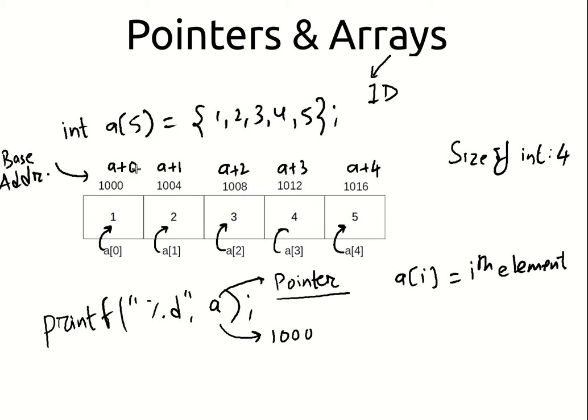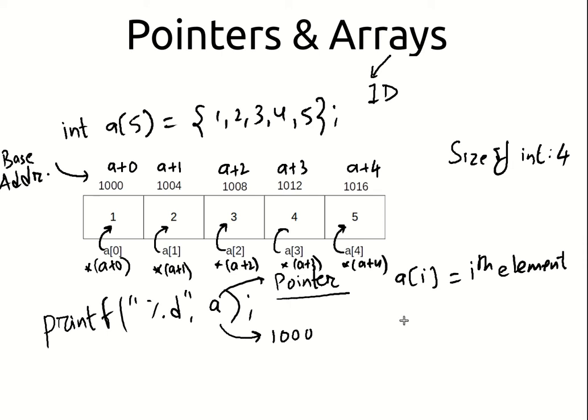Now A plus 0 will give me the address of the first element. To get the value, that is 1, using pointer notation I can write *(A+0), which is equivalent to A[0], which is equivalent to 1. Then *(A+1), *(A+2), *(A+3) and *(A+4).